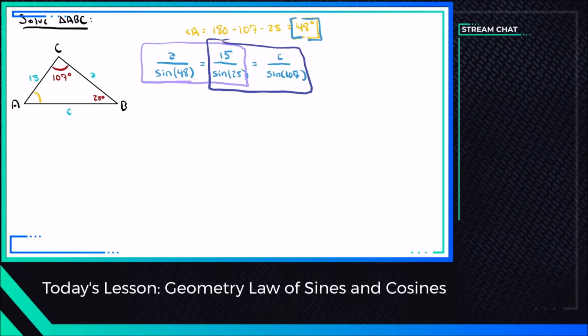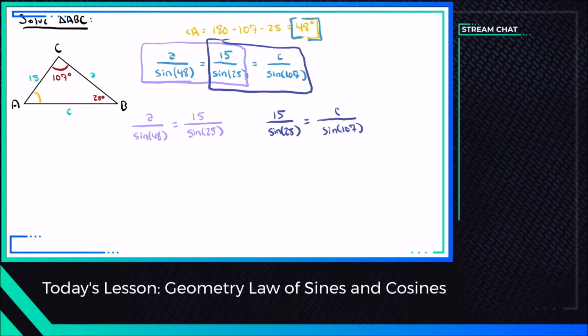Both of them are going to use that middle bit. So a divided by the sine of 48 is equal to 15 divided by the sine of 25. And 15 divided by the sine of 25 is going to be equal to c divided by the sine of 107.